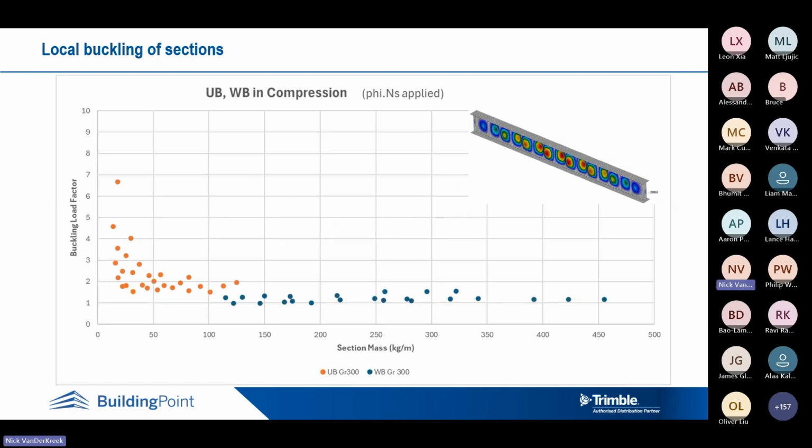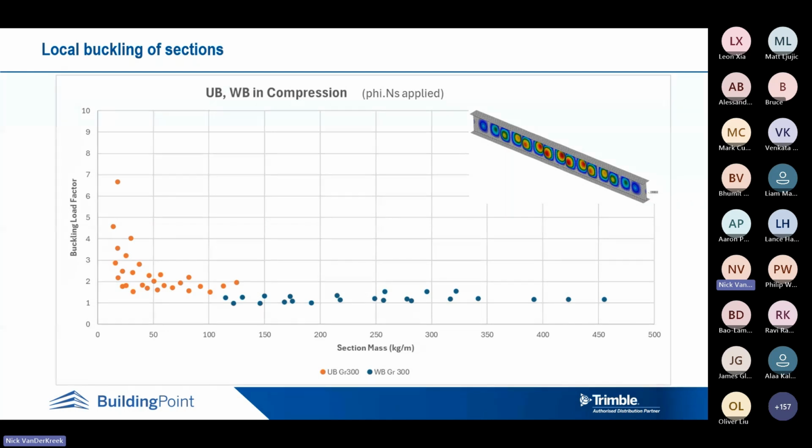Now we come to compression, UBs and WBs, and I was somewhat shocked, and I of course checked this multiple times, to see the buckling load factor for WBs in axial compression is often very low, down around 1 or even slightly less. In the case of a grade 400 section, it was about 0.81, a very slender one, and I didn't graph that here.